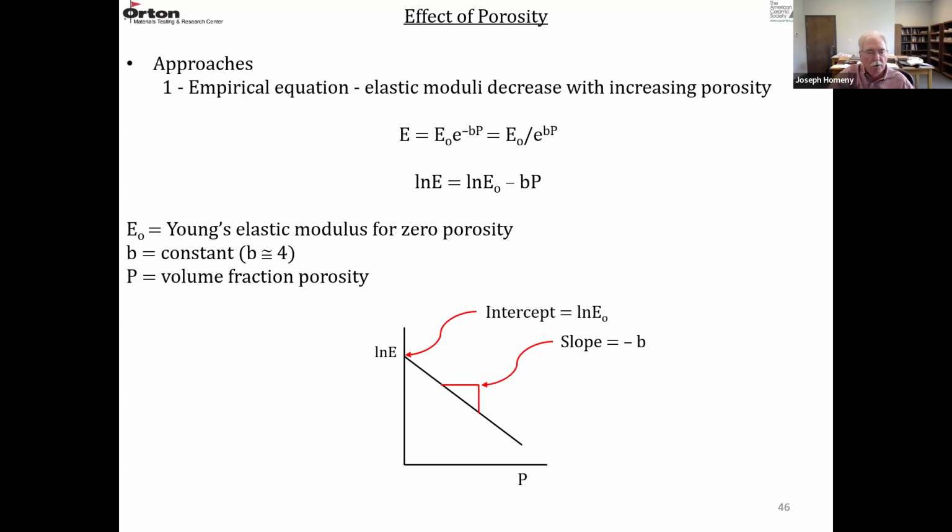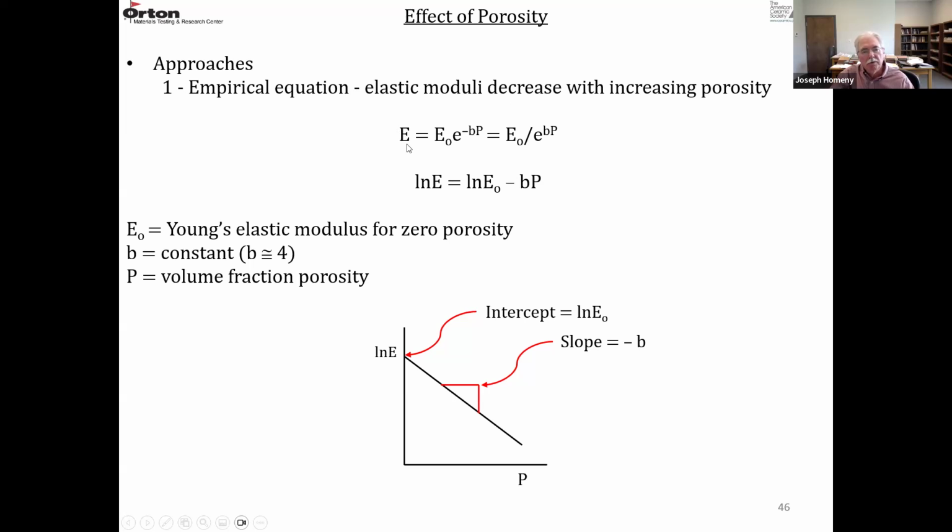So the approaches for describing the effect of porosity on the elastic modulus are all empirical. So there's a series of empirical equations that have been developed. So very simply, the elastic properties decrease with increasing porosity.